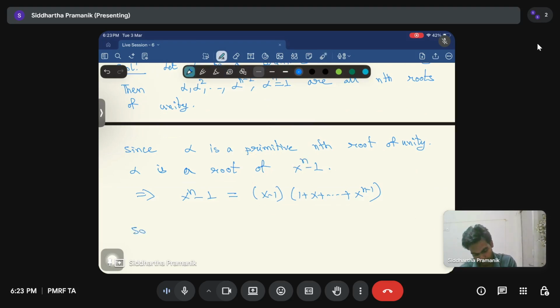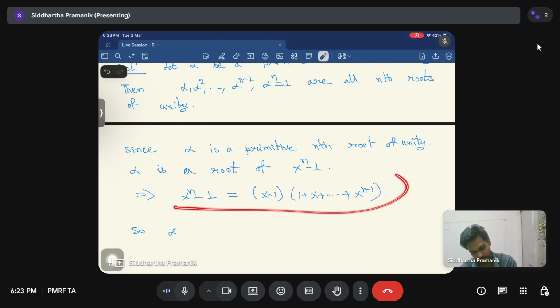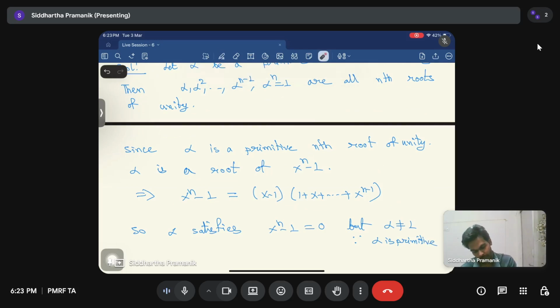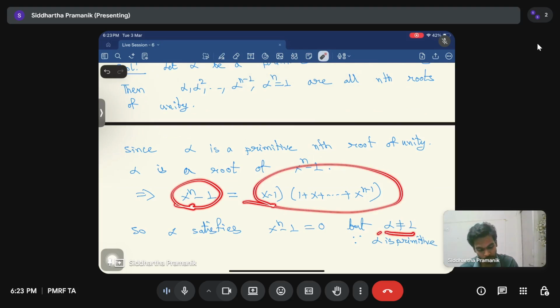So alpha satisfies x power n minus 1 equals 0, but alpha is not equal to 1 because alpha is primitive. Alpha satisfies the right hand side, but alpha is not equal to 1, so alpha cannot satisfy x minus 1.